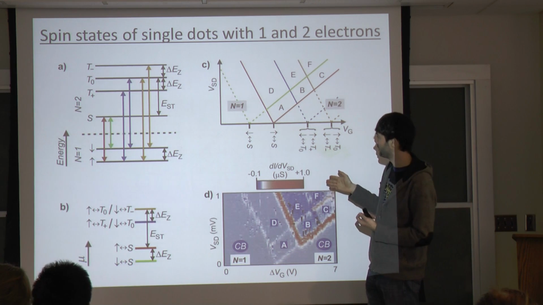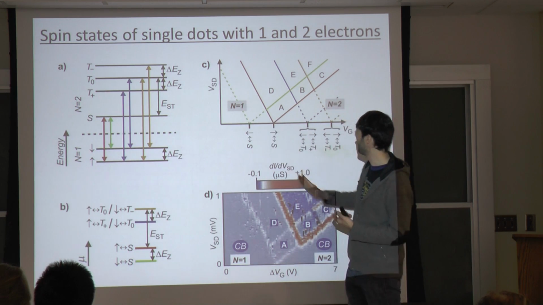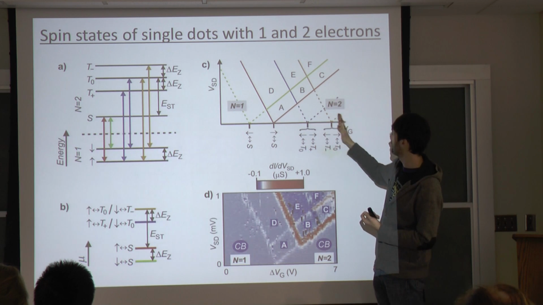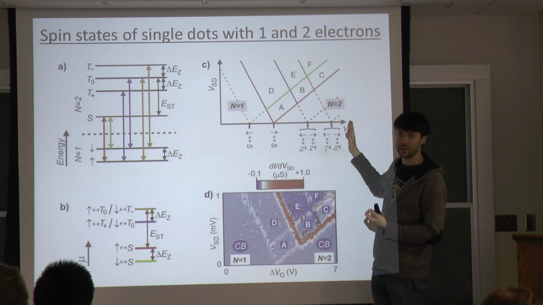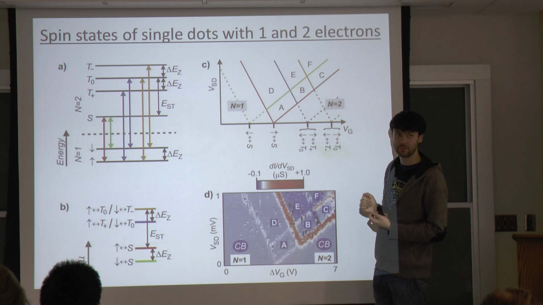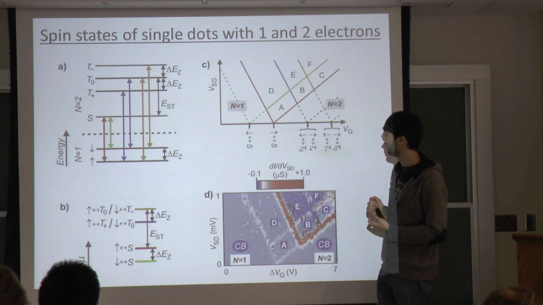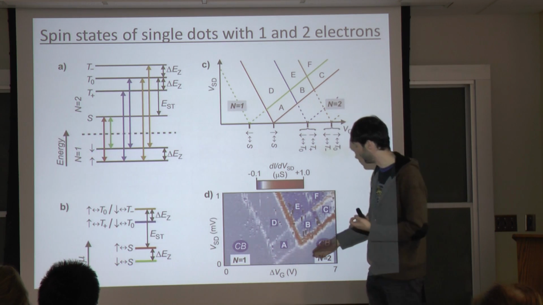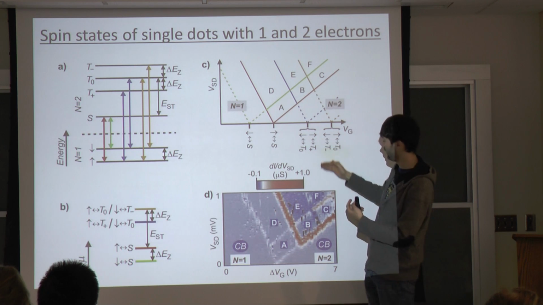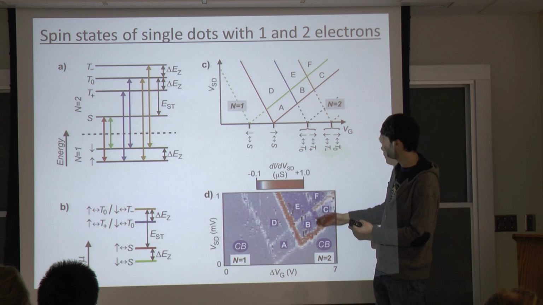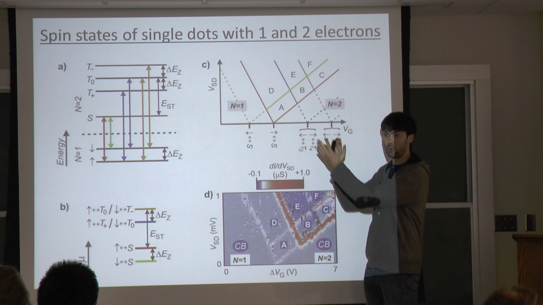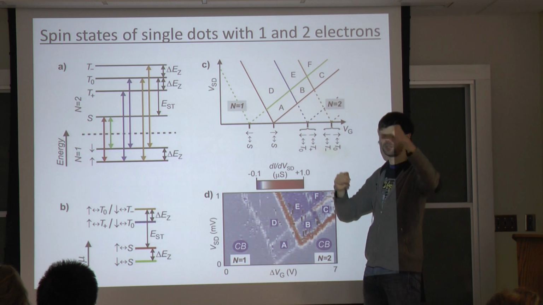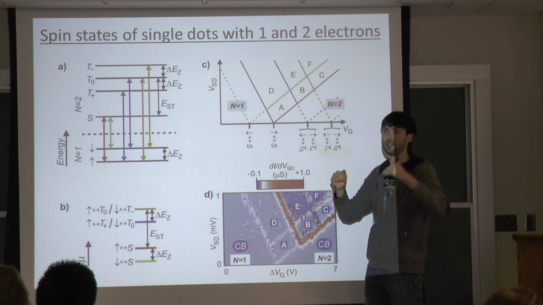Spin down to singlet transition is here in energy, and the various triplet transitions are higher in energy. Each of the states at 0 bias gets broadened by finite bias like that, because you increase the window in which you can see these states.